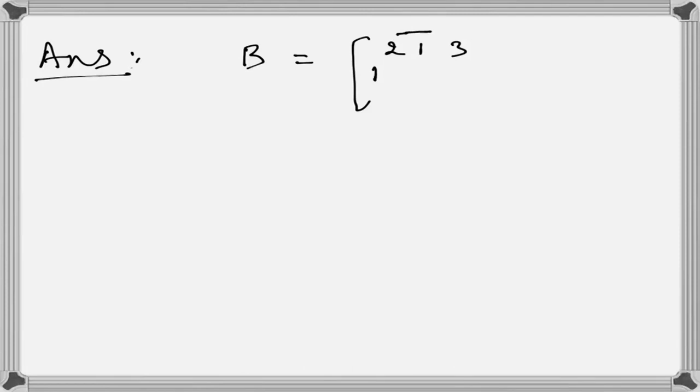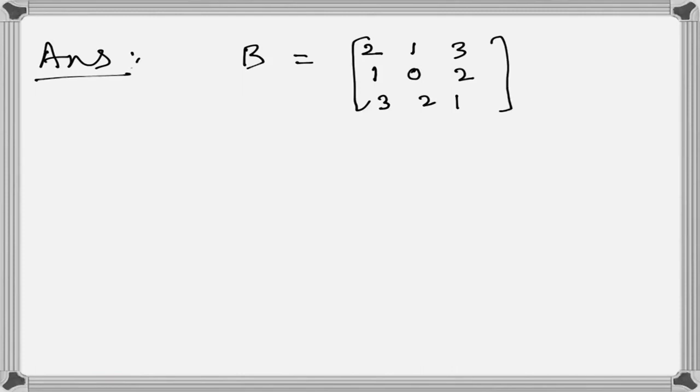Answer. So we just denote this matrix B equals 2 1 3, 1 0 2, 3 2 1.